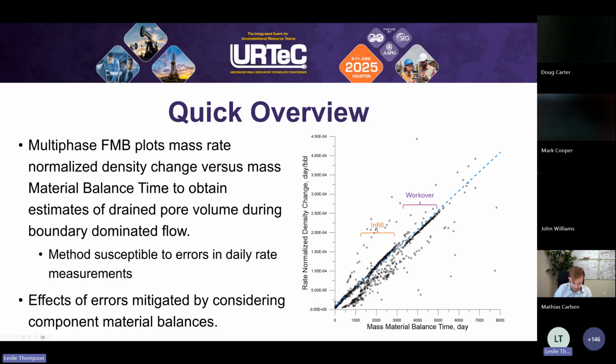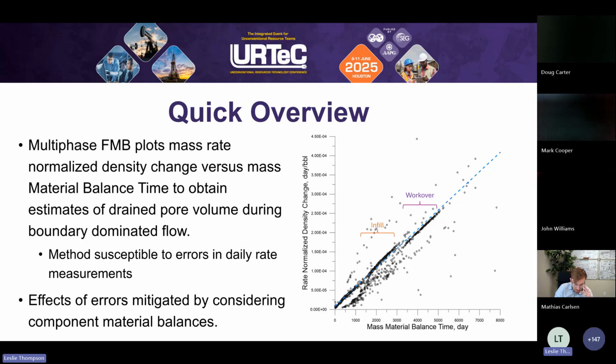And then maybe a year and a half later, they decided to do a workover on it. Again, you got a little bit of noise and it came back to another straight line. The dashed blue line that you see on this plot is the fit that we did to the original Petrohunt.